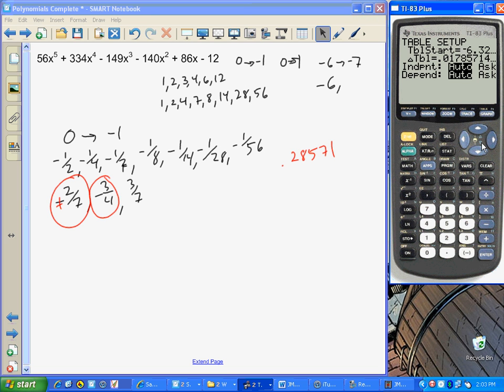So change our table to start. I can start right there, -6.321. Then we want to go up by a seventh, or a 28th. We'll do 28th because that'll cover 14ths and 7ths.